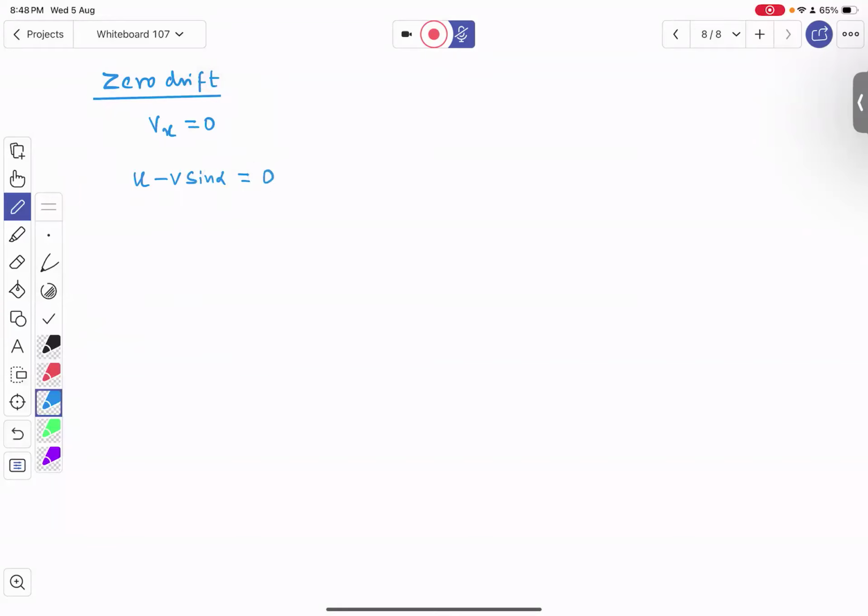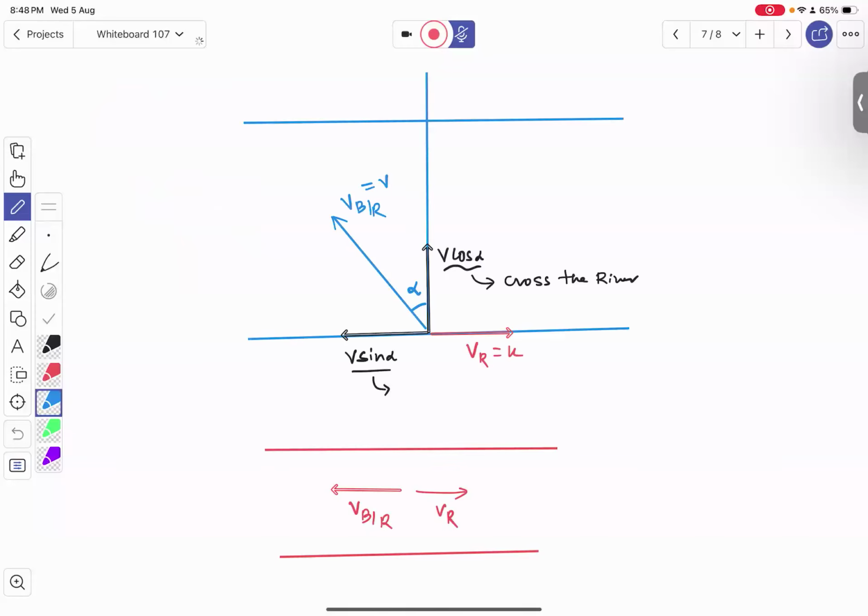So for that, sine alpha should be equal to U by V. You can understand it like this also. Suppose I keep all my VBR in the upstream direction. In order to travel nothing along the river flow, the VBR magnitude should be VR to cancel out the effect of VR.